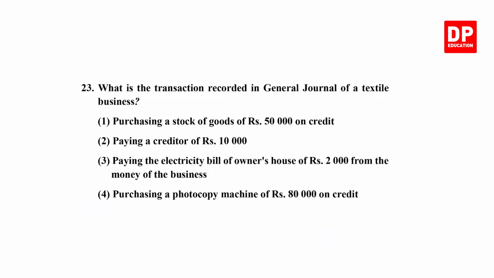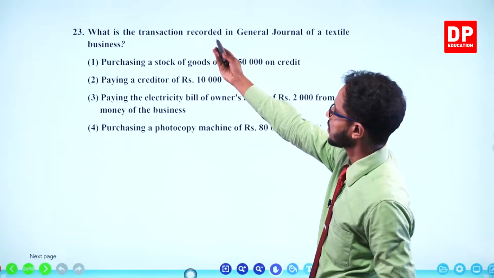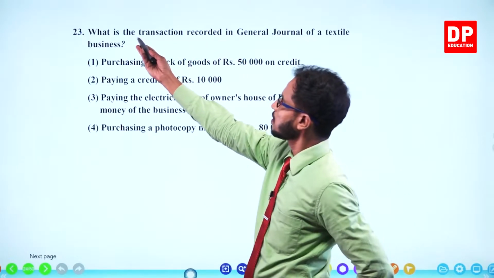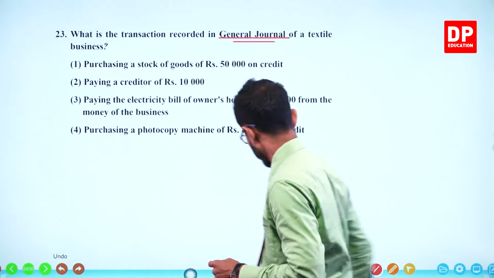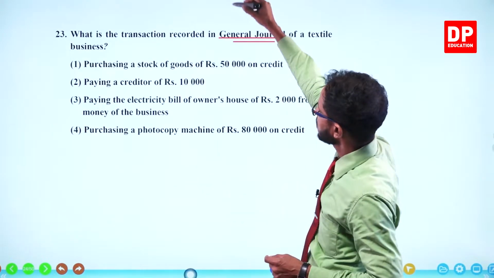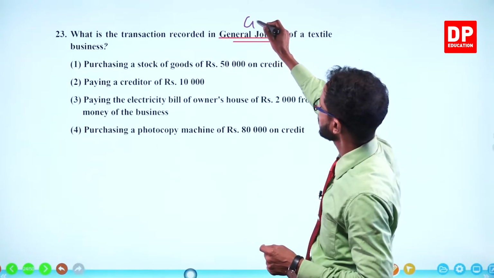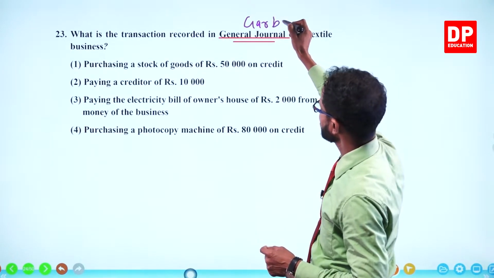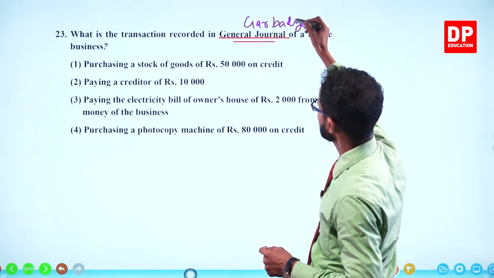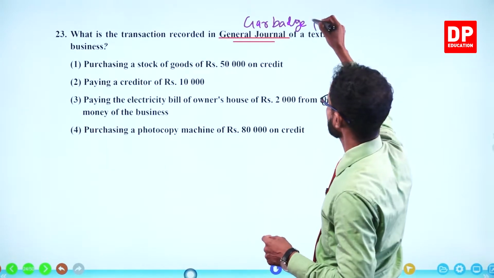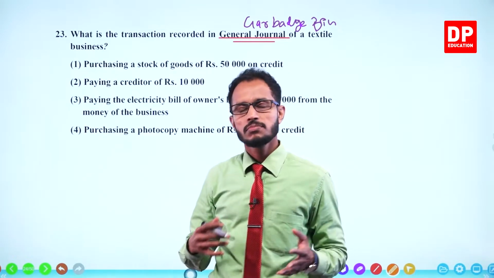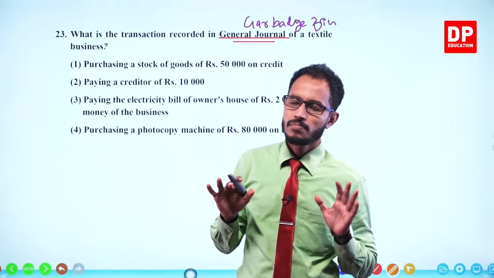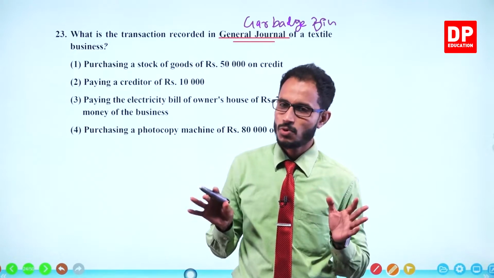23rd. Here we go. What is the transaction recorded in the general journal of a textile business? General journal. We call it the garbage bin. Because children, there's a small reason.